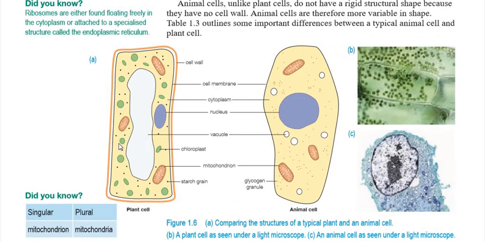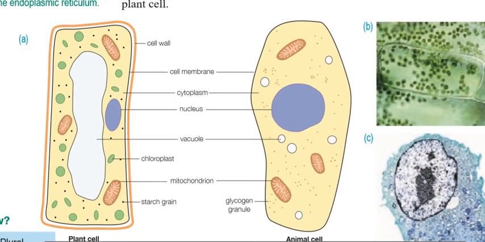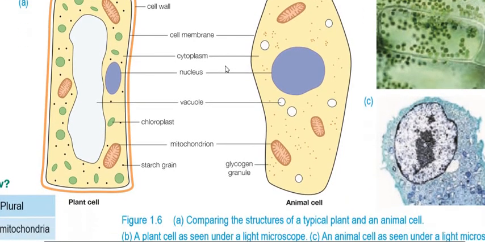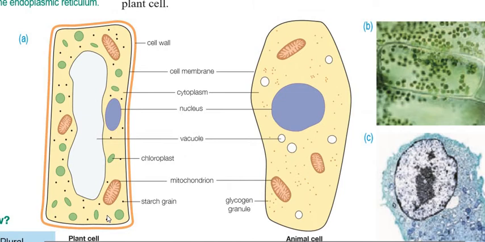Now we're going to look at the plant and animal cell more in depth. So we have a plant cell over here, and we have an animal cell over here. As we can see, already they have two different shapes. Isn't that so?